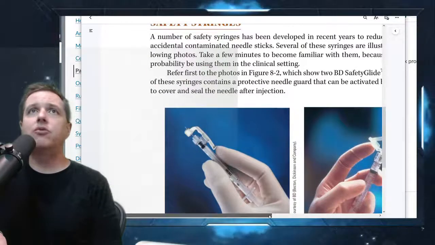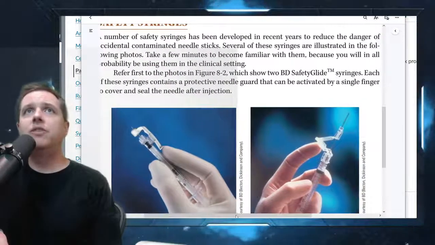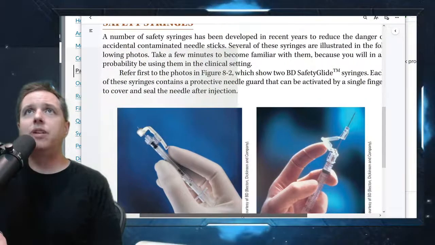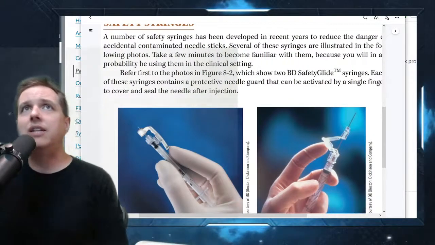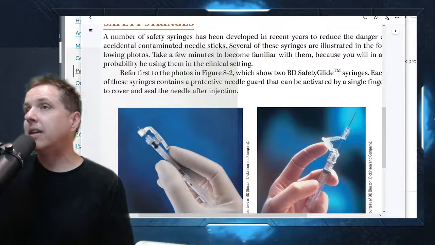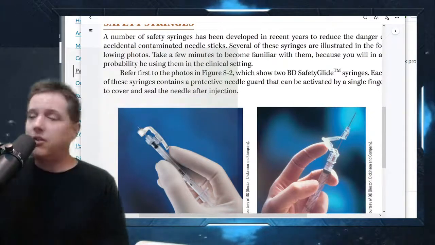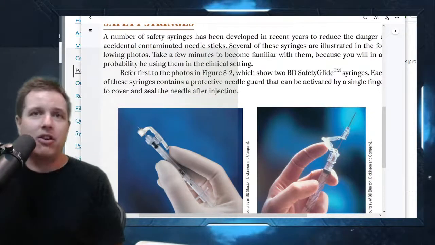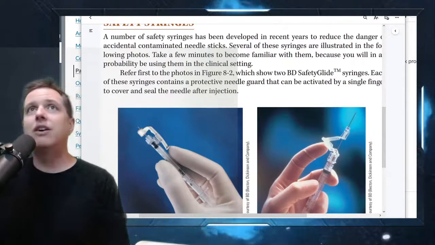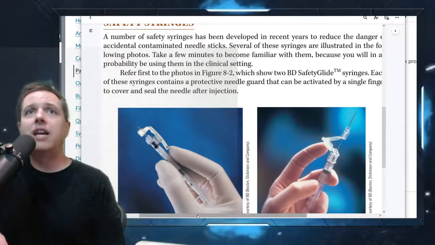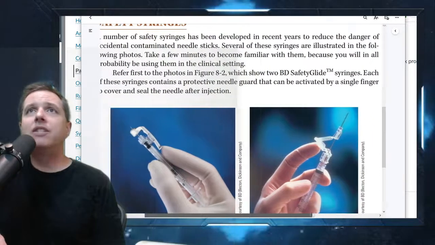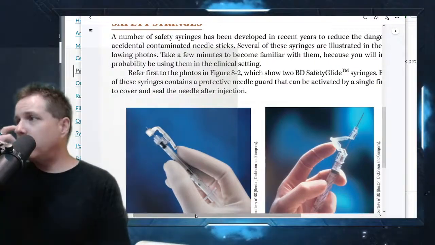Okay, safety syringes. A number of safety syringes have been developed in recent years to reduce the danger of accidental contaminated needle sticks. Obviously, that's bad. Nobody, patient or healthcare person or anybody, wants to get stuck with a used needle, right? So there are certain needles that have a protection on them, and they are designed generally to be used with one hand.